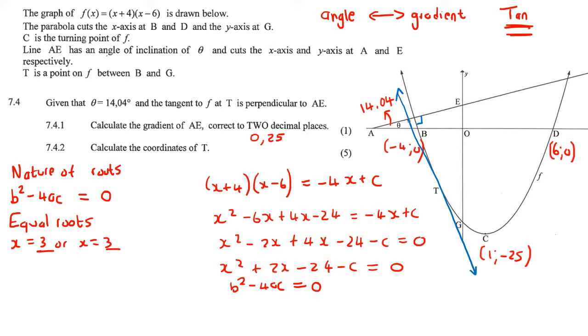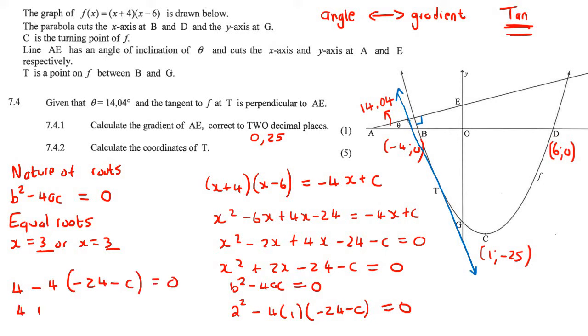Okay? So your b value is going to be 2. So we'll say 2 squared. Now a is 1. Now be careful, c is not this c. That's just a coincidence. C is all of this. So we're going to say minus 4 times 1 times minus 24 minus c, and you're going to make that equal to 0. So this is going to allow us to find c. So I'm going to solve it here. We're going to say 4 minus 4, and then in brackets we still have this.